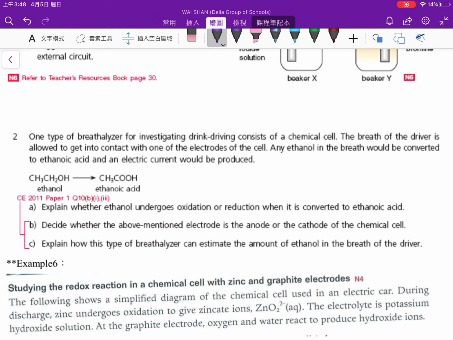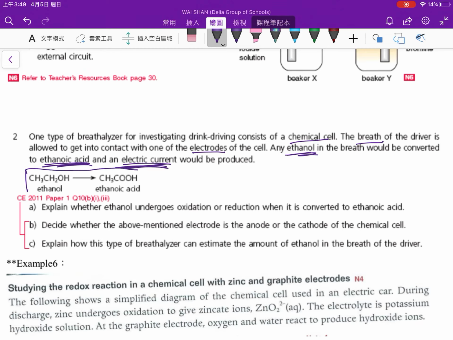One type of breathalyzer is actually a chemical cell, and the breath of a driver is allowed to get into contact with the electrode, and if the driver has drunk, then it will have some ethanol in his breath, and the ethanol will undergo half reaction and turn to ethanoic acid, so that electric current will be produced.